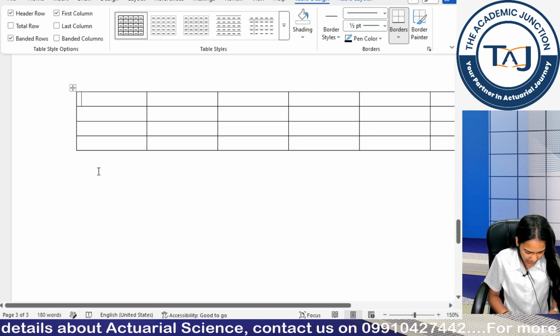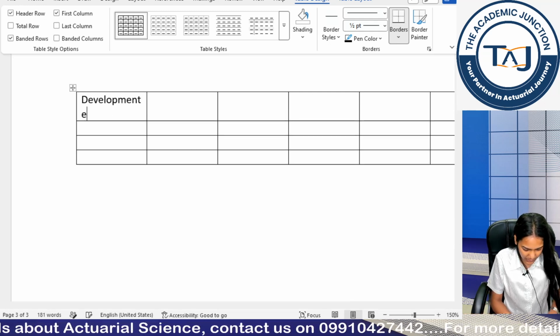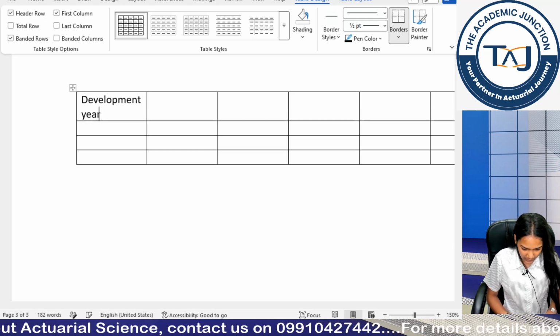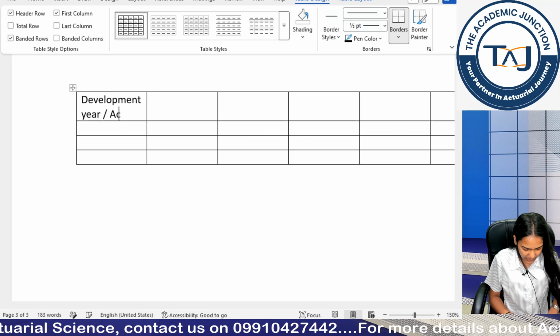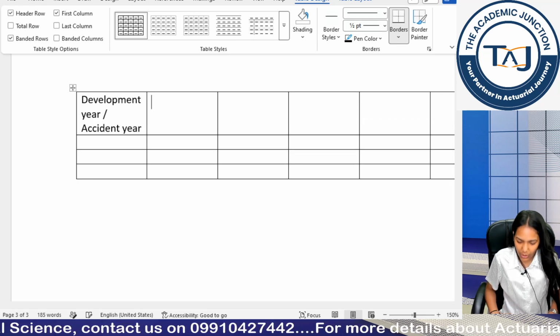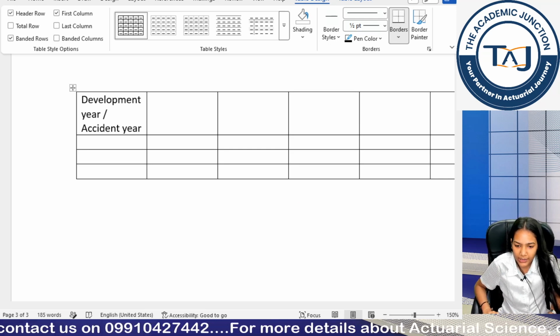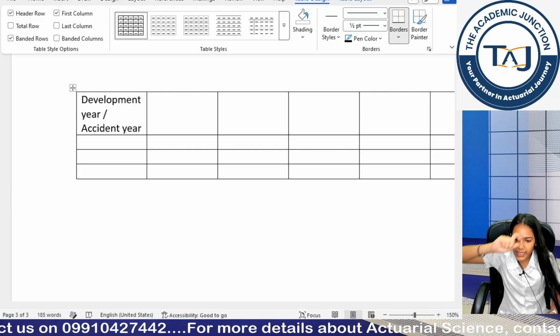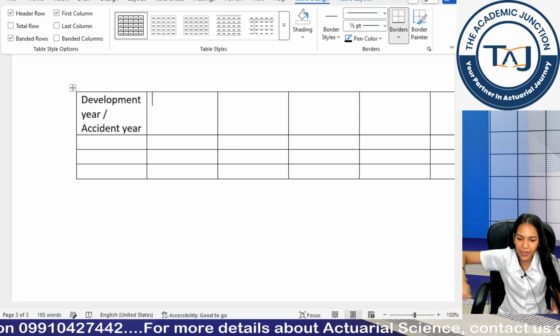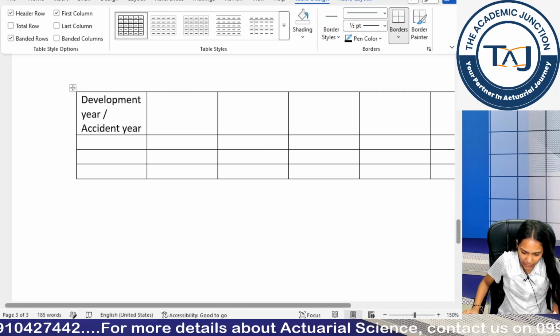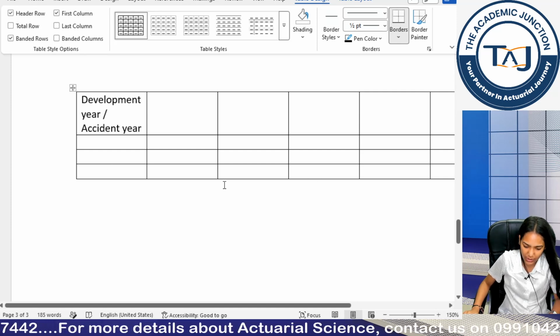So this is my development year and this is my accident year. Or you can write at the start of the question, guys, that each row shows my accident year and each column shows my development year. Then you are escaped from this row and this column, okay.